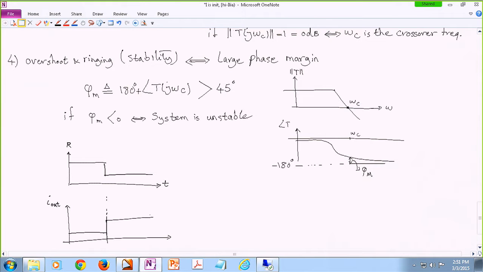Ideally, the output current should also behave like a step change. In reality, depending on what your phase margin is, you may have a little bit of an overshoot and then settle down, or you may have a large overshoot and then gradually settle down. The blue system has a smaller phase margin compared to the red system.